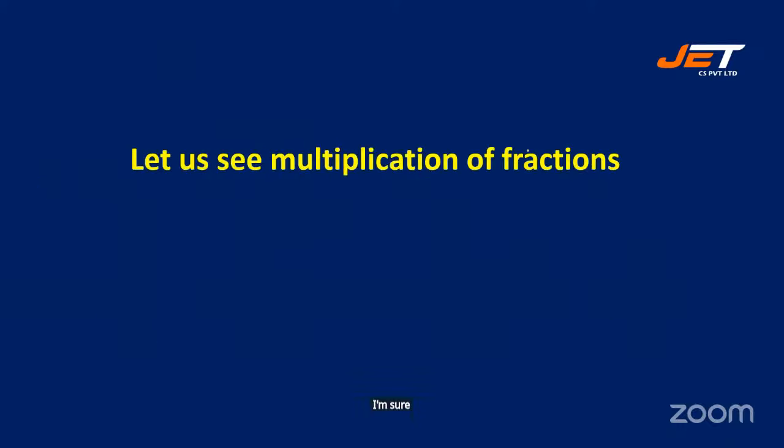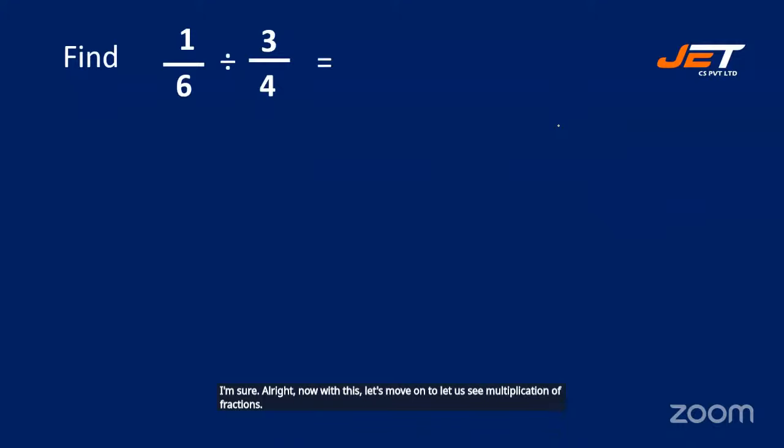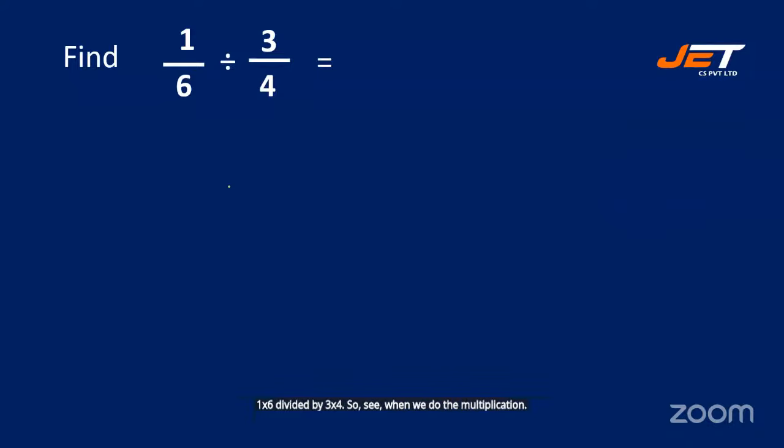All right. Now with this, let us see division of fractions. 1 by 6 divided by 3 by 4. See, when we do the division, we are not comfortable getting the simplified numbers.